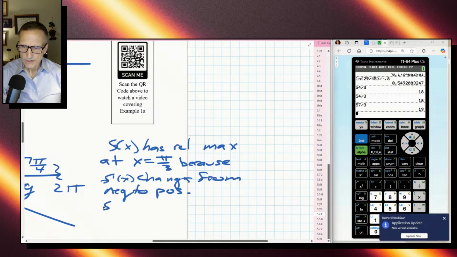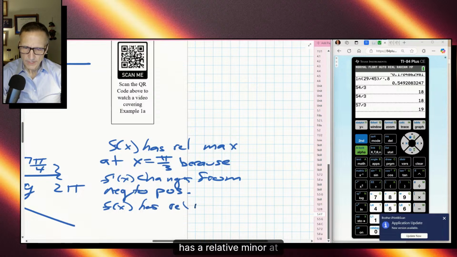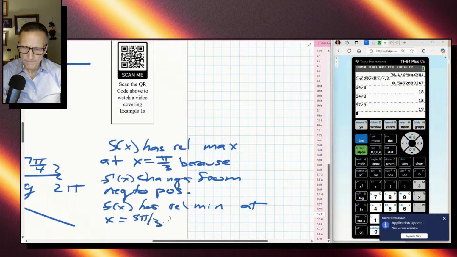And then I would say f of x has a relative min at x equals 5 pi over 3, because f prime changes from positive to negative.